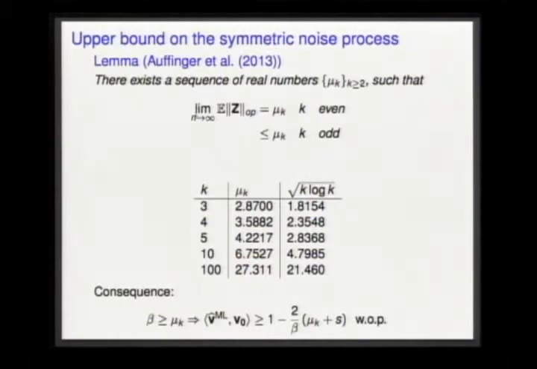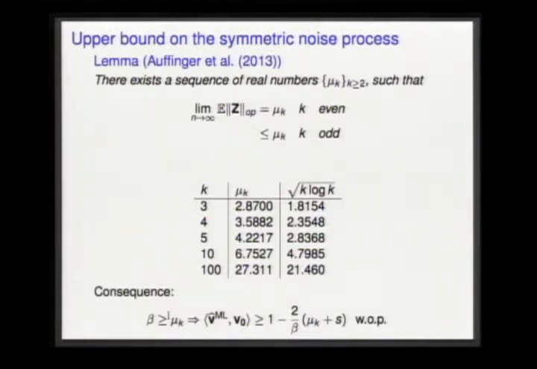We know that the limit as n goes to infinity of the expectation of the operator norm of the tensor is exactly mu k if k is even, and is bounded above by mu k if k is odd. And this is only known for symmetric tensors. If the input tensor is not symmetric, we don't know any result on the operator norm of the noise tensor.